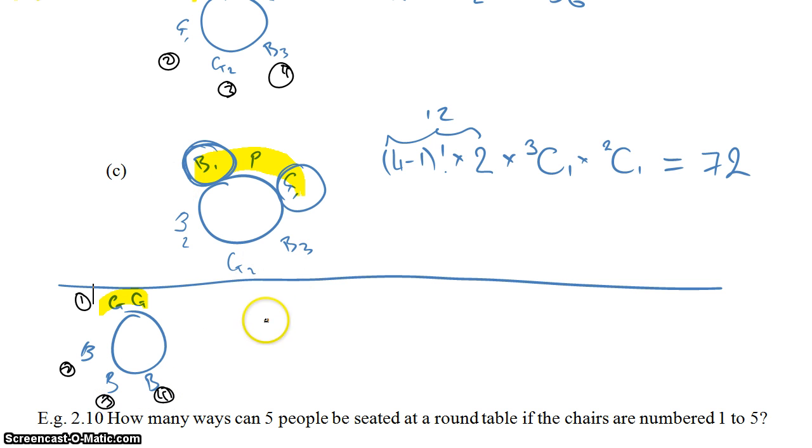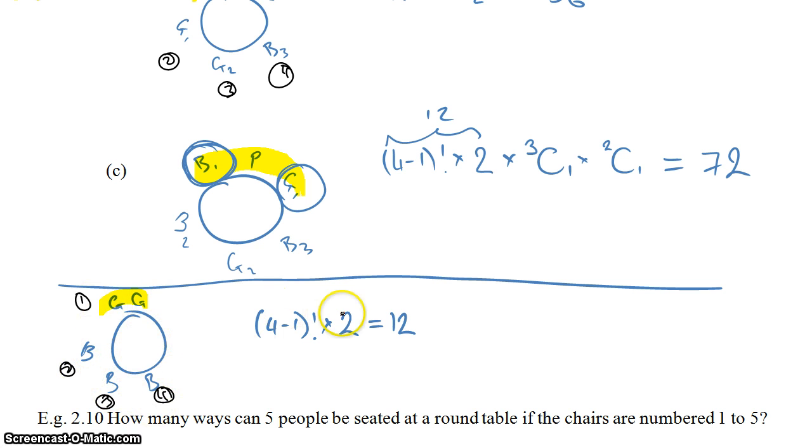So I have 4 minus 1 factorial ways times the ordering of the two girls, which is 2, or 2 factorial if you will. So in total, the number of ways of the girls sitting together is 3 factorial times 2, which is 12 ways.